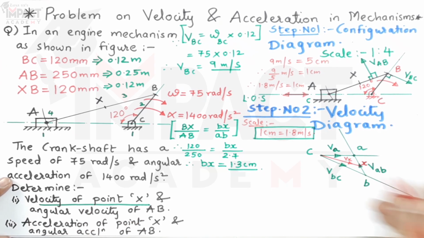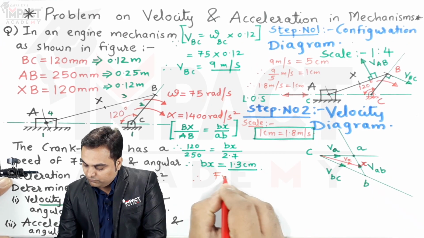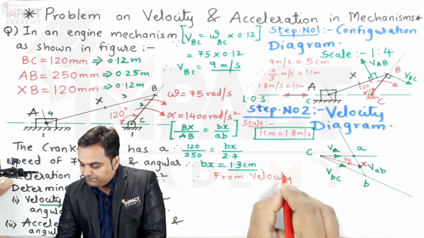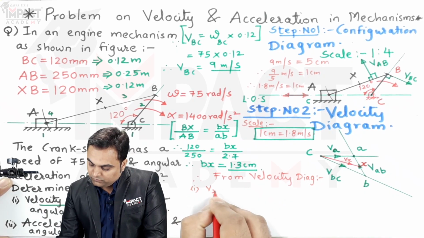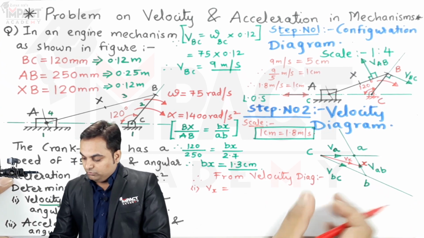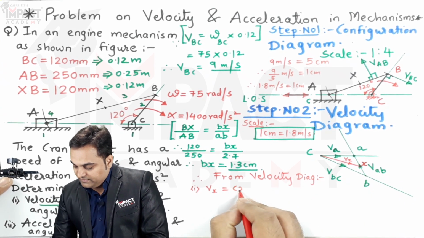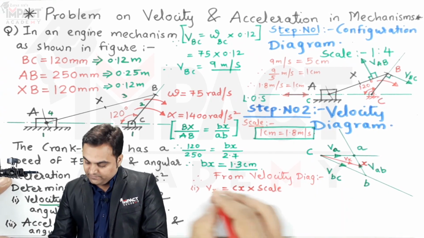So I'll say that, therefore, from velocity diagram, the velocity of point X, that is Vx, is equal to the length of this vector, which is xc, or we can say cx, into the scale which we have taken.